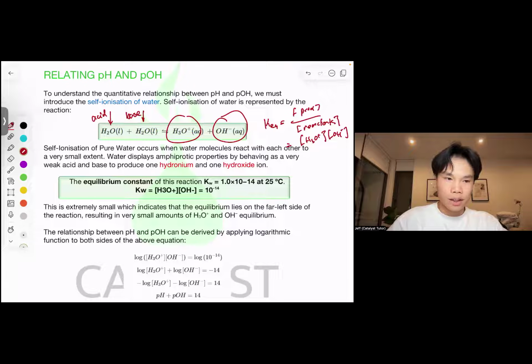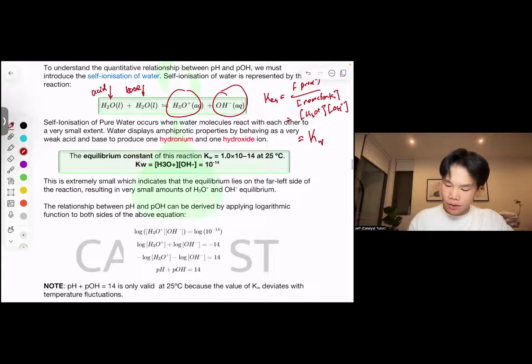Water is a liquid, and we want to leave out our liquids, we want to leave out our solids because they are pure. So it's just H3O+ times OH-, and this is in fact what we call Kw, our auto-ionization constant of water. And this value is equal to 1 times 10 to the negative 14 at 25 degrees Celsius.